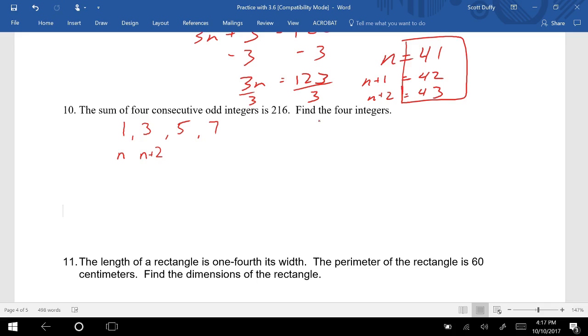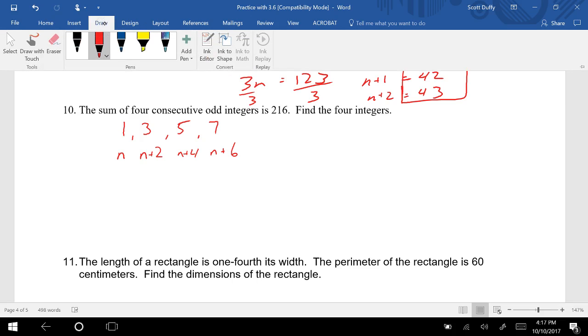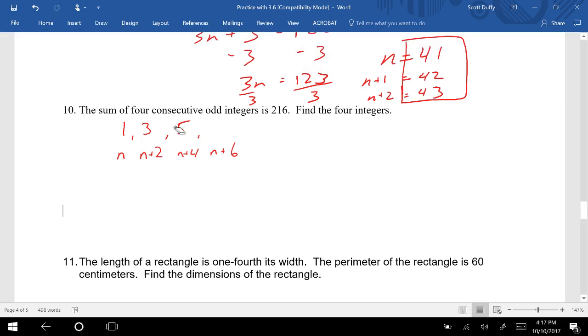Then to get to the next one, 5, I had to take the original number and add 4. Then for the fourth consecutive odd integer, I had to take whatever I had first, which was 1 in this case, and add 6. Now it didn't have to be those numbers. It could be any numbers. It would work for anything.